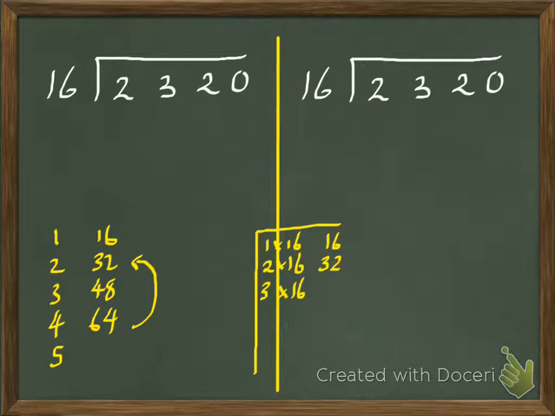And 5 times 16 is 80, because 10 times 16 is 160, so 5 times 16 has got to be 80. I'll tidy this all up for us.